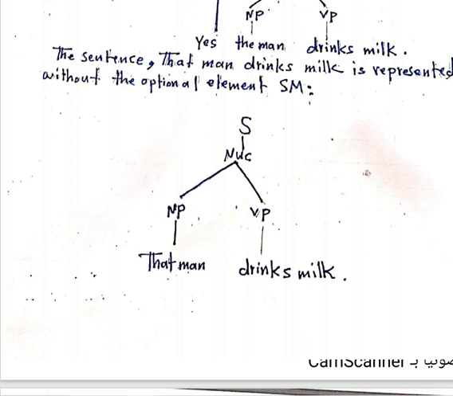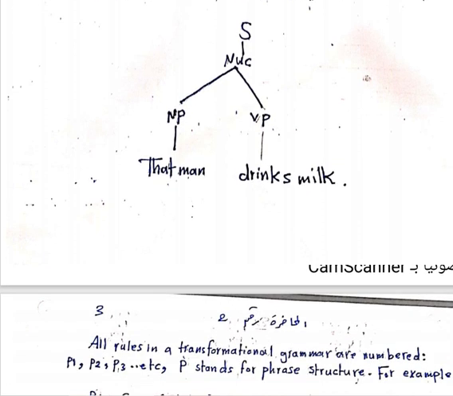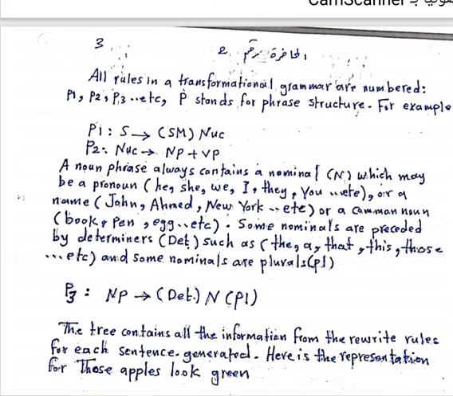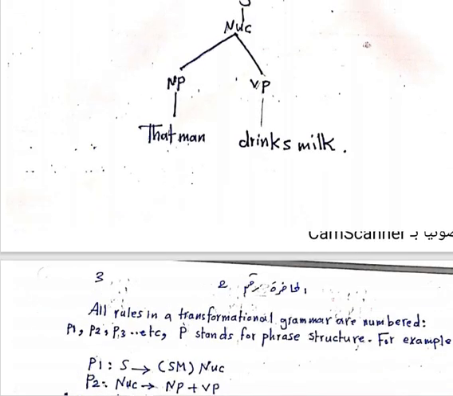In the sentence with the modifier, we have certainty that the man drinks milk. But in the tree without it, who is that man? We don't know. There is no certainty about whether the man drinks milk or not.